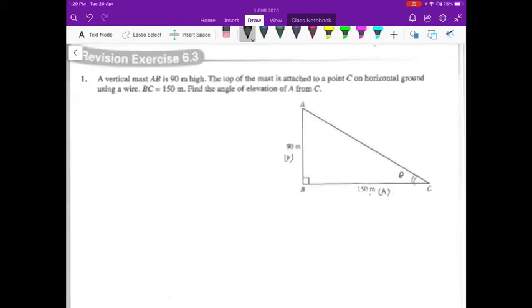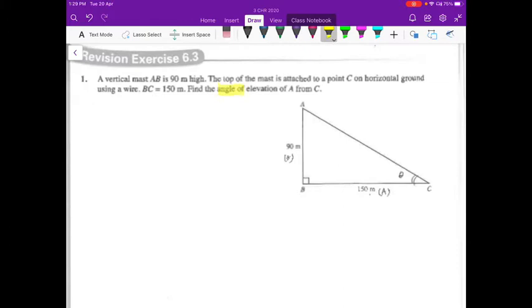C to A? From C to A. So this angle, is it? I just drew a line. Is that an angle? Yeah, so what is the angle? What is the angle? I ask you which is the angle.